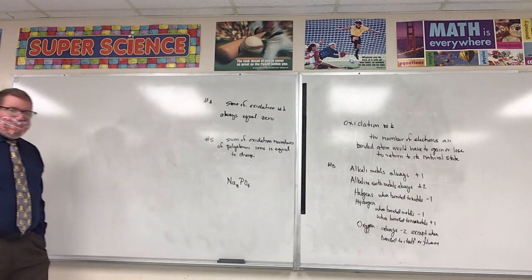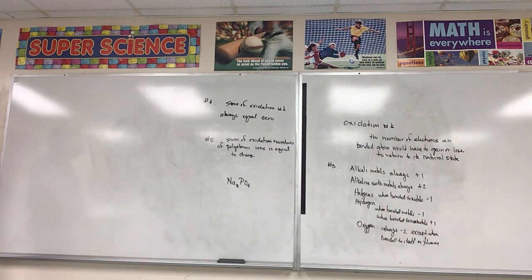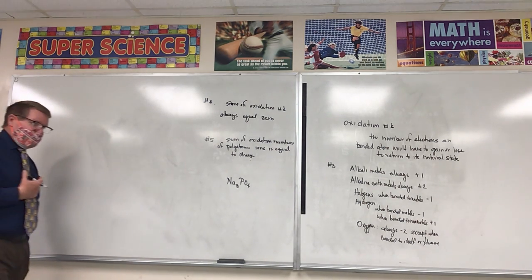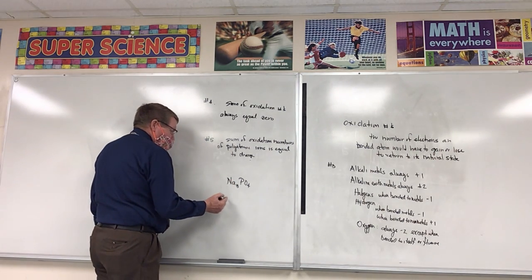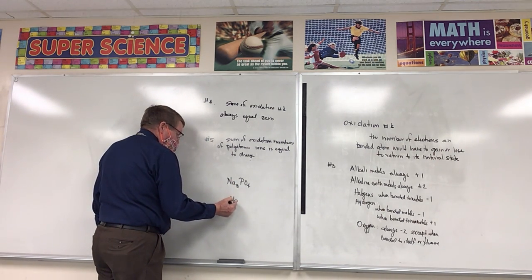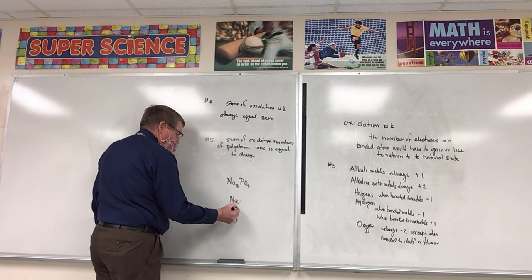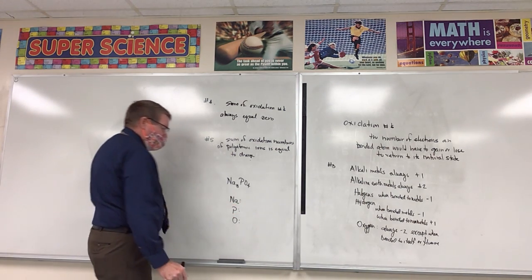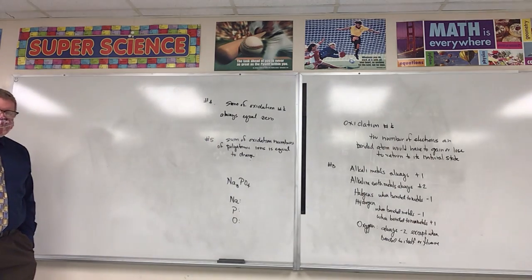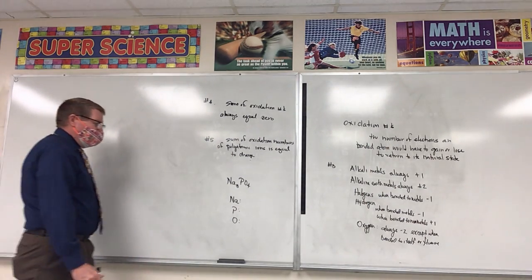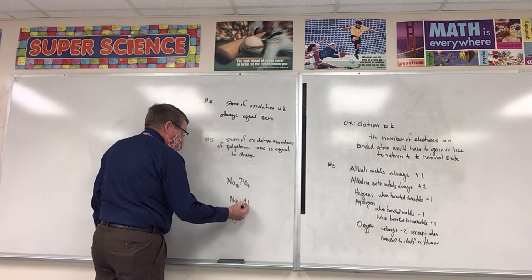Alright, so what are we going to be doing in class or on your worksheets and in your homework? You're going to tell me the oxidation number of each element. How many elements do I have? 3. I got Na, I got P, and I got O. Which ones do I know for sure? Na, which will be +1.